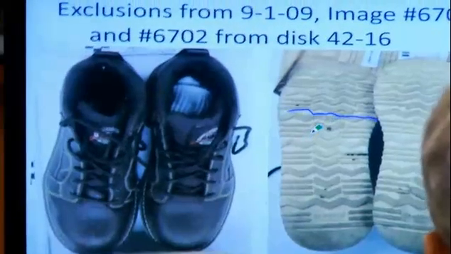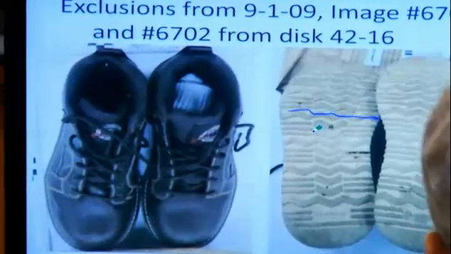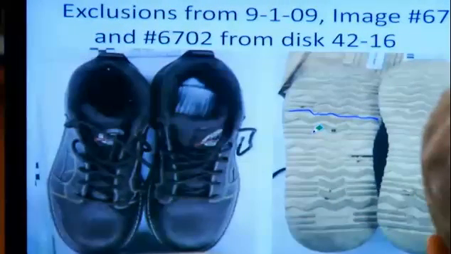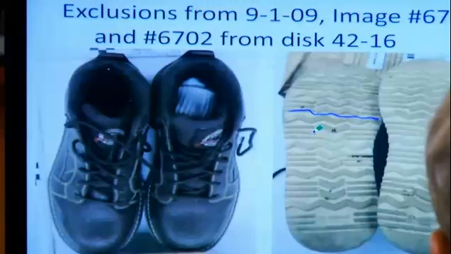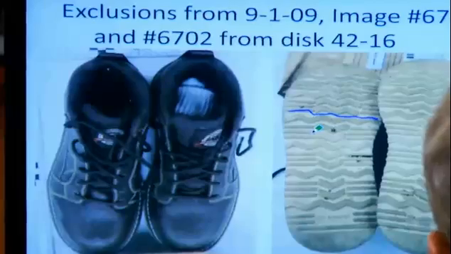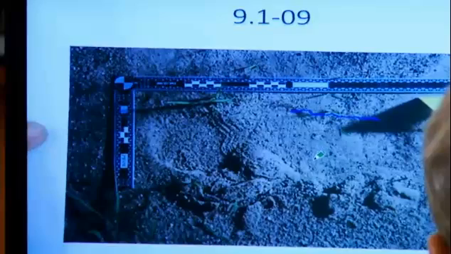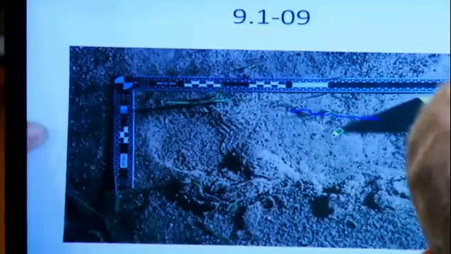Now, would the longer lines be considered herringbone? No, I would not. And did you compare that again to the 9-109? Yes, I did. And what did you find? Excluded due to manufacturing design. Any similarities between the two? No.